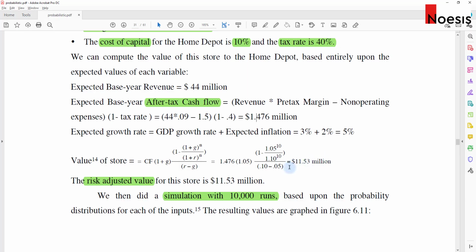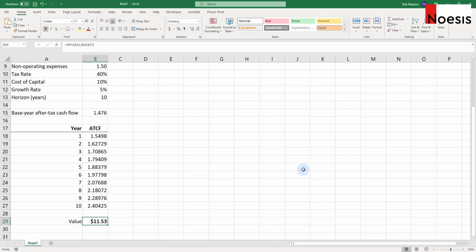11.53 million. Now, this value on its own is just a single number, and it really doesn't give us much information about the possible distribution of store values. Without the distribution, we are not able to assess the risk. We do not know what the lowest value is, what the potential highest value is.